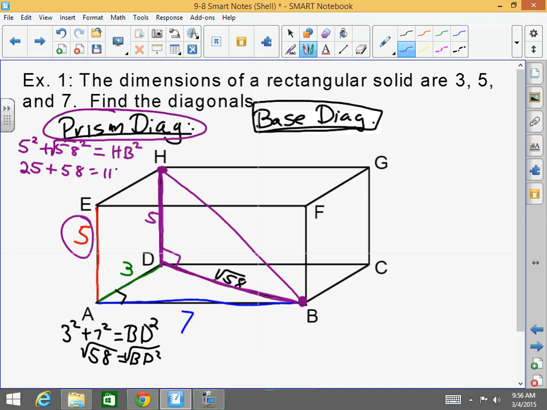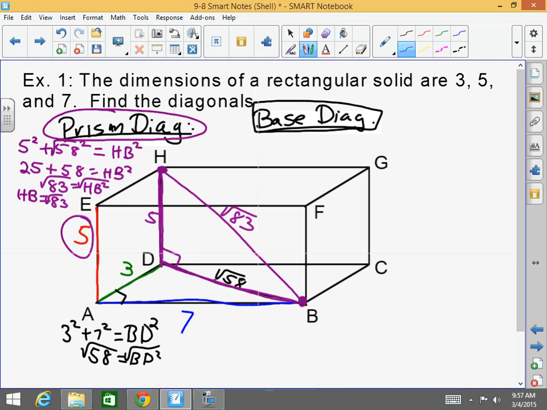That equals HB squared. 25 and 58 is 83. Square root of both sides. HB equals square root of 83. And that, my friends, is how you find the diagonals of a prism.